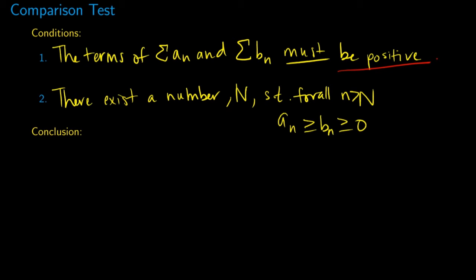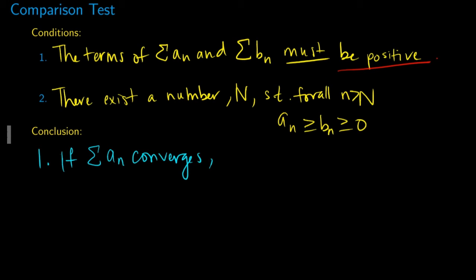Okay. Then we have two possible conclusions. One is that if the sum of A sub n converges, and remember that's the series with the bigger terms, that forces the sum of B sub n to converge.